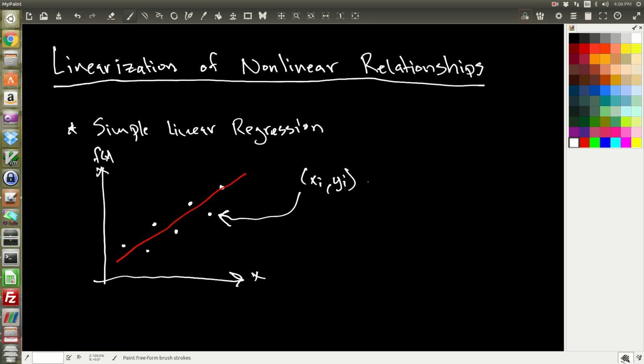And then we want to fit a model, which is the equation for this line right here. And the equation for that line, we can write it in general terms as w of x is equal to a naught plus a1 times x, where a naught and a1 here, these are the model parameters.